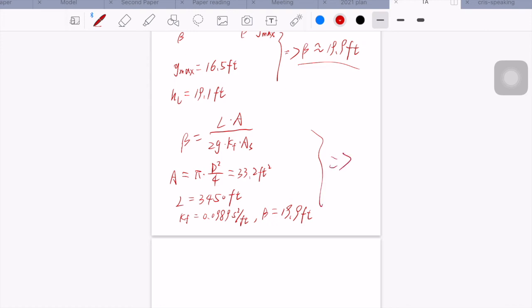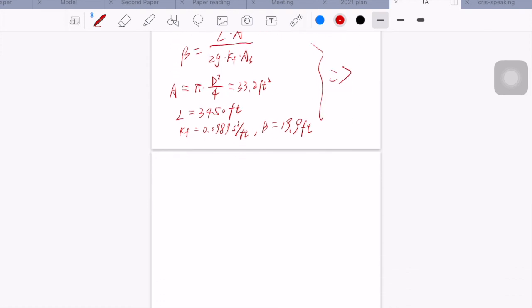So we can get that A sub S equals 904 square feet. So we can get that D sub S, the diameter of the surge tank, equals 33.9 feet. So we have done this problem.